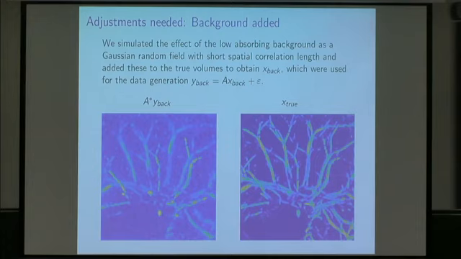We did that by adding a Gaussian random field to our phantoms, then simulated the data and back projected that with additional noise and took that as our initialization. So here we have an added Gaussian random field in the background to simulate low absorbing regions in biological tissue. We trained the network to reconstruct the clean phantoms. Of course, the reconstructions will be as good as before, but we basically teach it to threshold low absorbing regions.